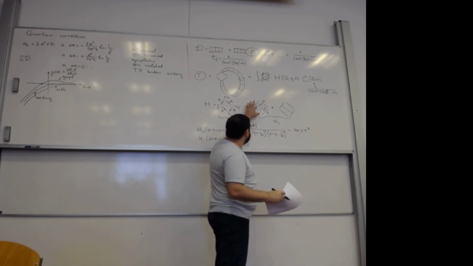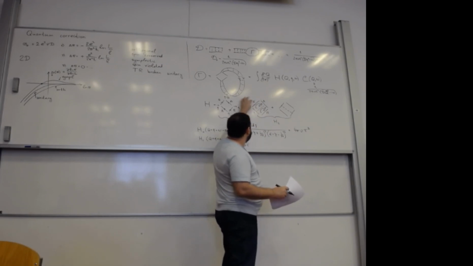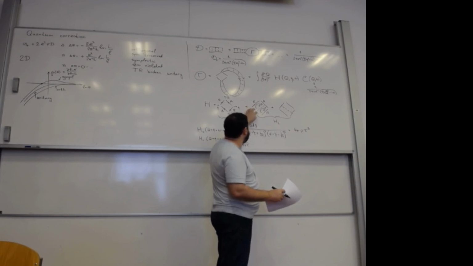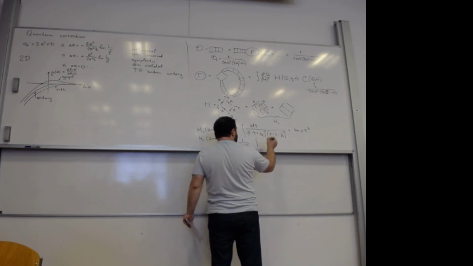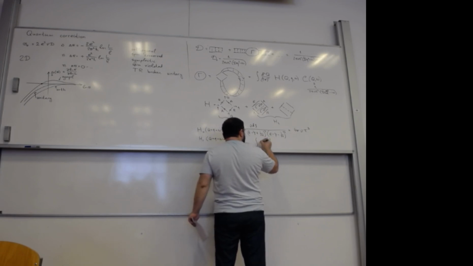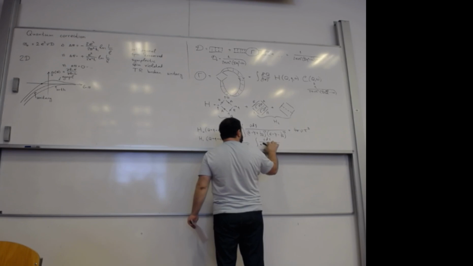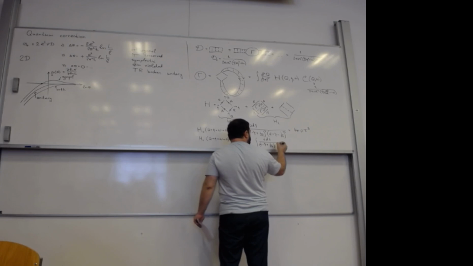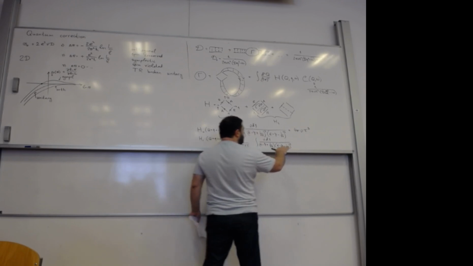And these two integrals, here and here, are exactly the same. This integral contains two advanced functions and one retarded. This one also contains two advanced functions and one retarded. So this is an integral nu dψ, with the denominator epsilon minus psi plus i over 2 tau, the retarded function, and the other one epsilon minus psi minus i over 2 tau squared, two advanced functions.